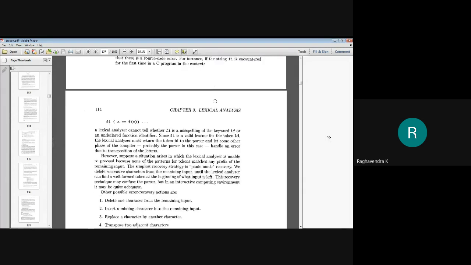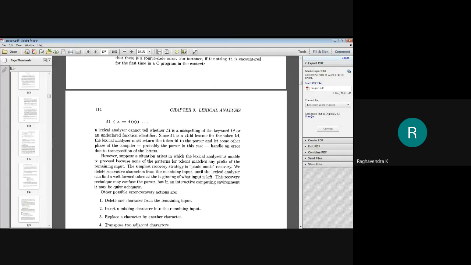So sometimes when errors are encountered by the lexical analyzer, it actually does something to recover from that particular error. Like one major strategy that is utilized by the lexical analyzer is the panic mode recovery, in which we are going to delete the successive characters, or we are going to skip over the input in such a way that we come across something which actually is known.